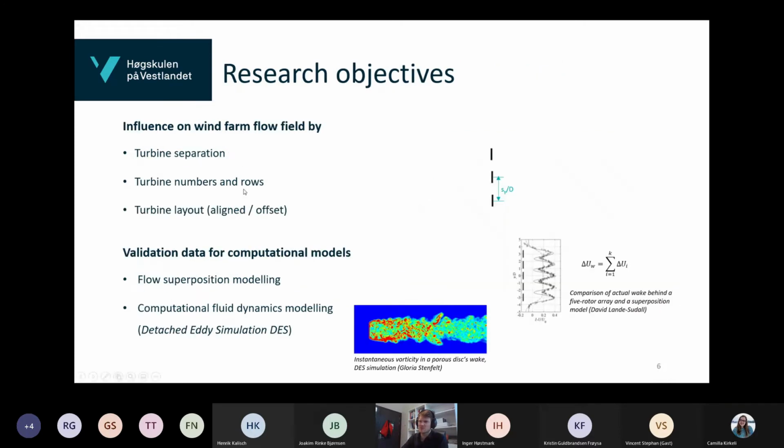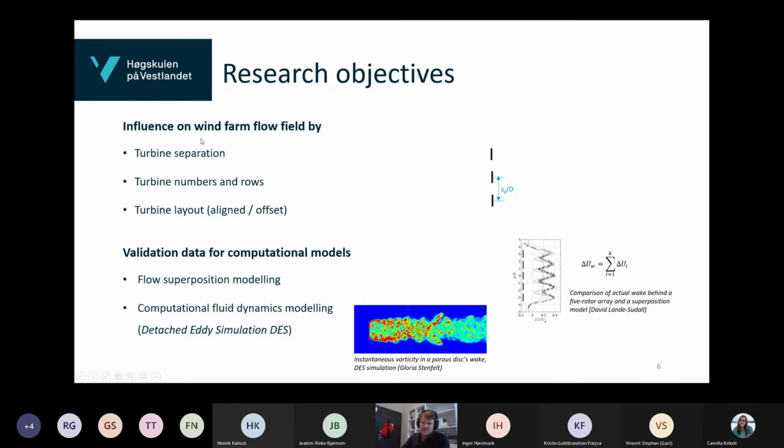So we want to find out what the turbine separation, like the lateral separation of turbines, has to say on that effect, how many turbines and rows could affect this, and also what the layout is, if we have an aligned layout of turbines or an offset or staggered arrangement of turbines, if that would influence the induction zone and also later on the forces and power of a wind farm.